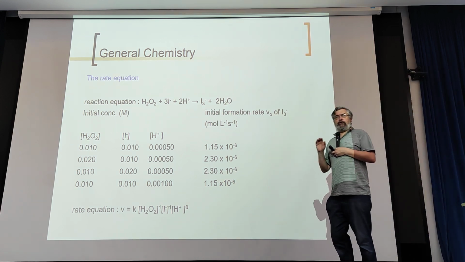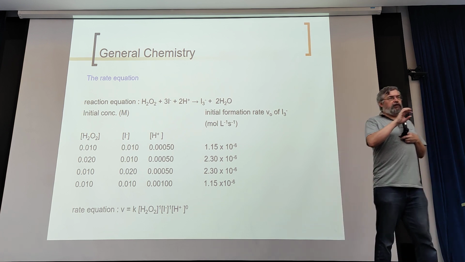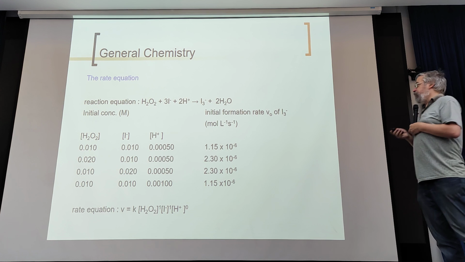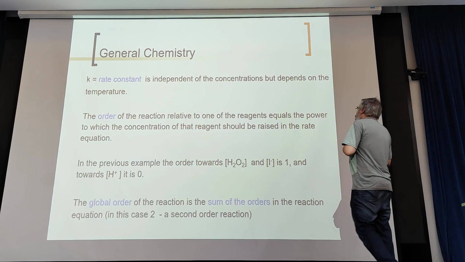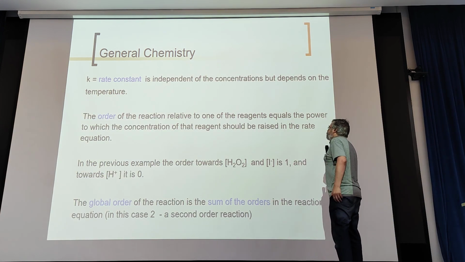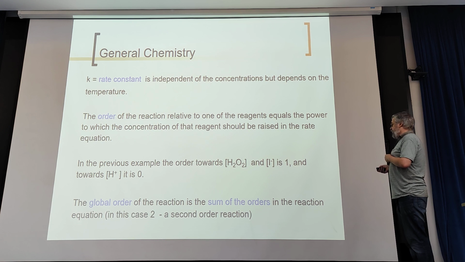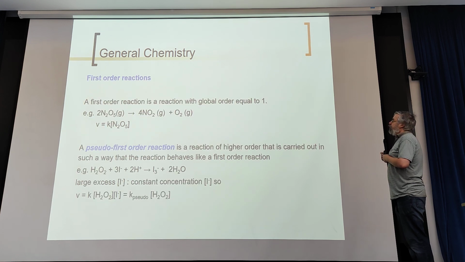So the order tells you something about the reaction mechanism, what is happening inside of the reaction. Okay, so indeed, the global order is 2, or this is a second order reaction.